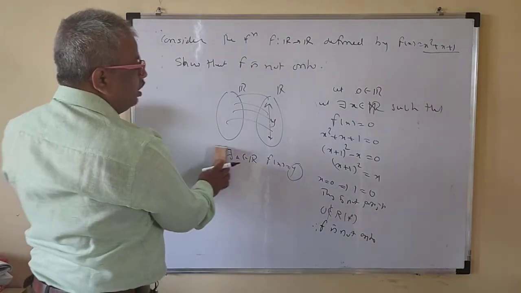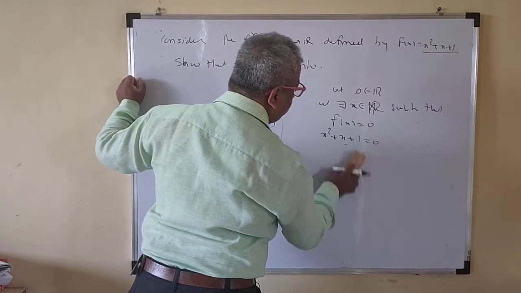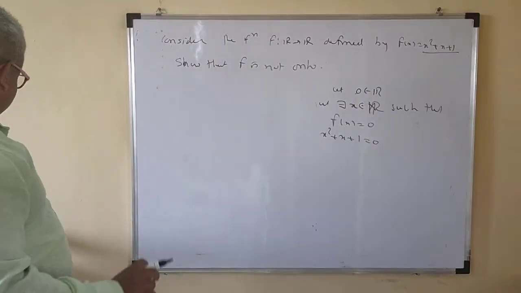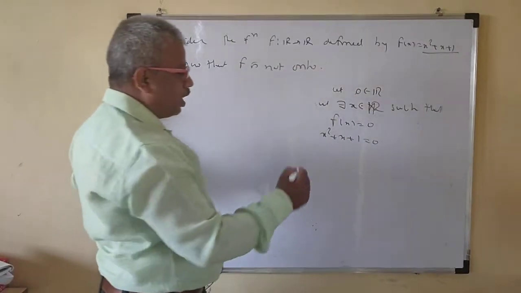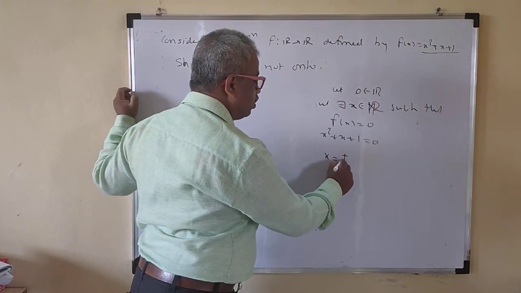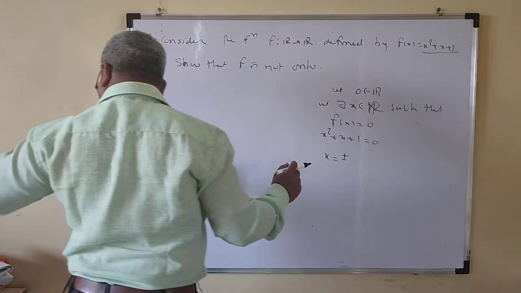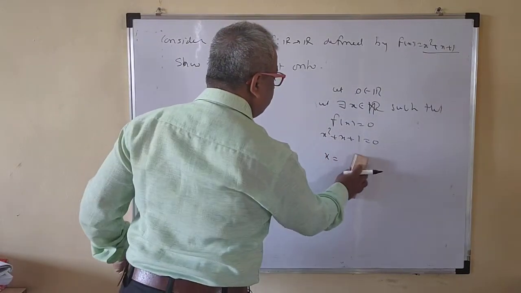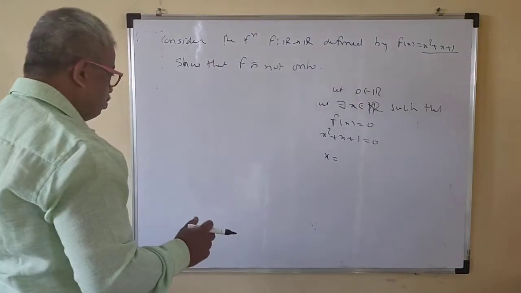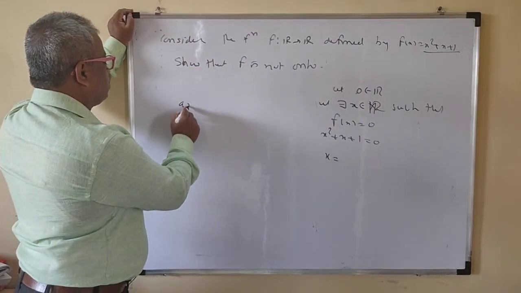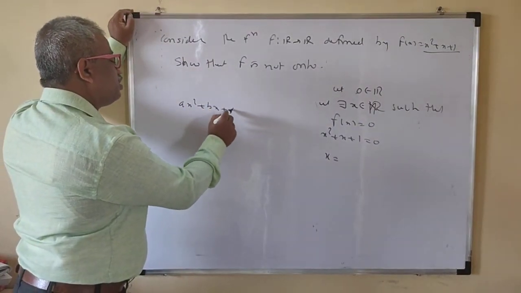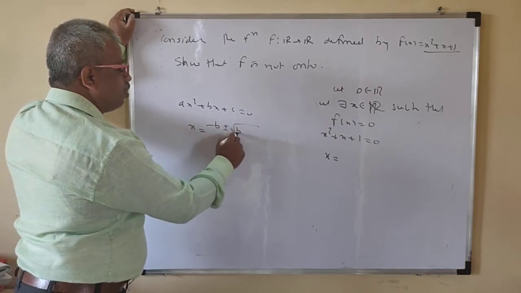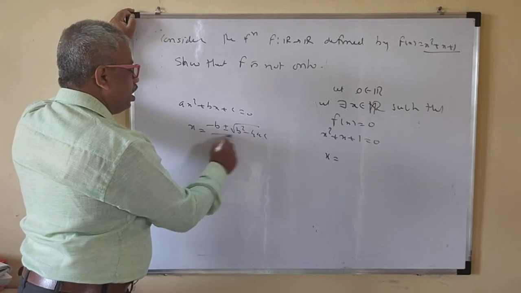Otherwise, you may also write this another way. You know that this is a quadratic equation, right? So how do we find the roots of a quadratic equation? For a x square plus b x plus c is equal to 0, what are the roots of this equation? x is equal to minus b plus or minus root of b square minus 4ac upon twice a.